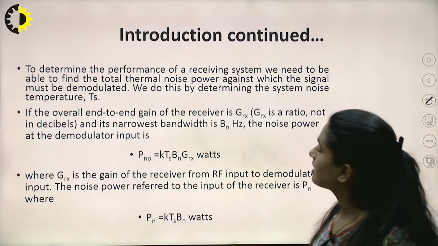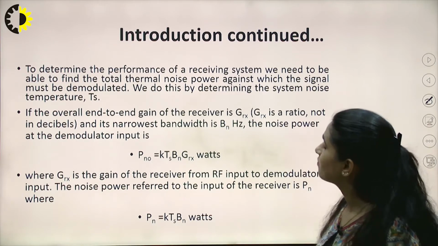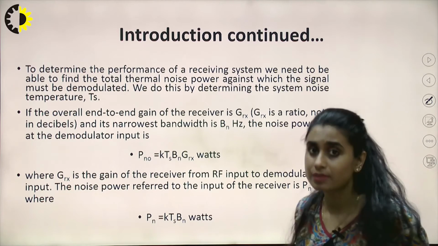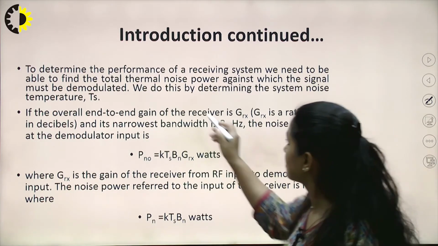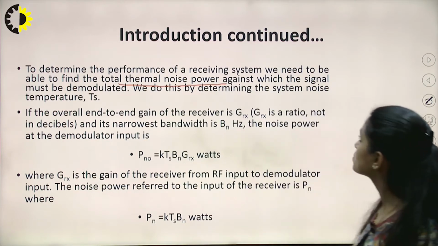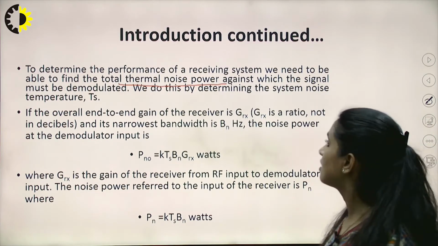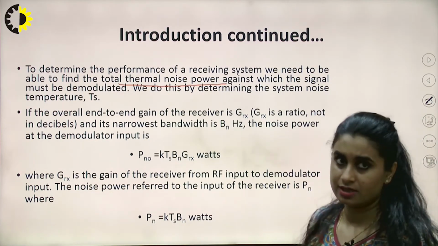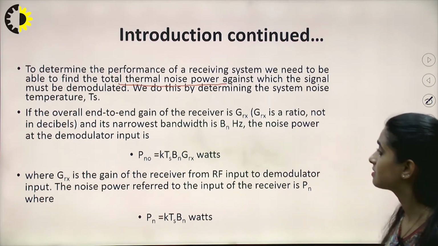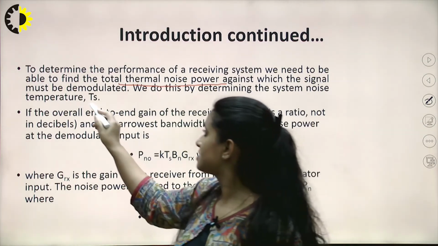Now, to determine the performance of a receiving system, we need to be able to find the total thermal noise power against which the signal must be demodulated, right? We do this by determining the system noise temperature, Ts.